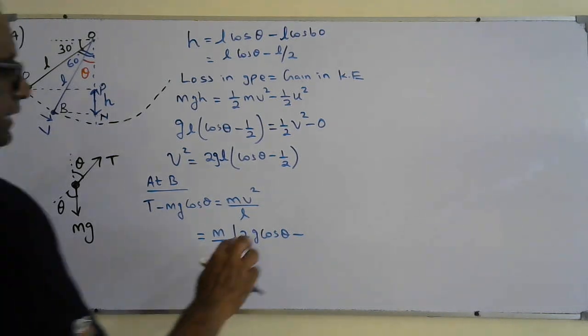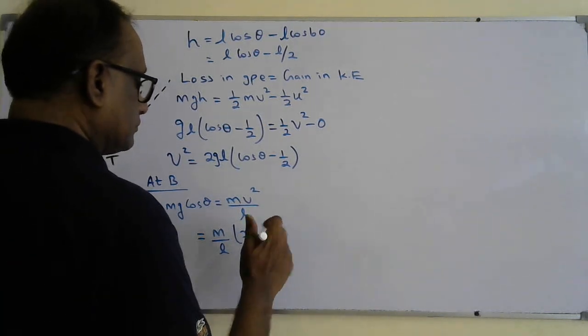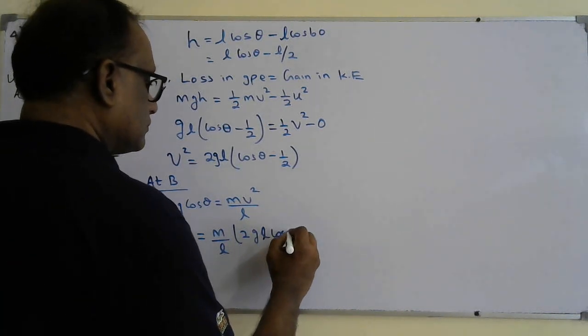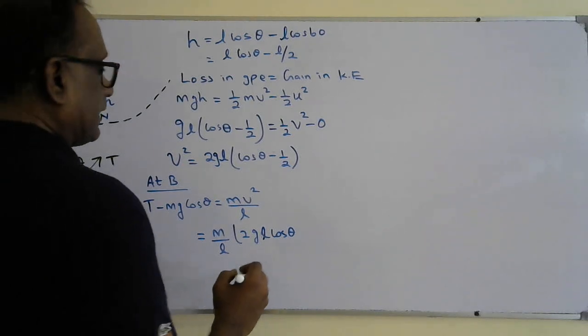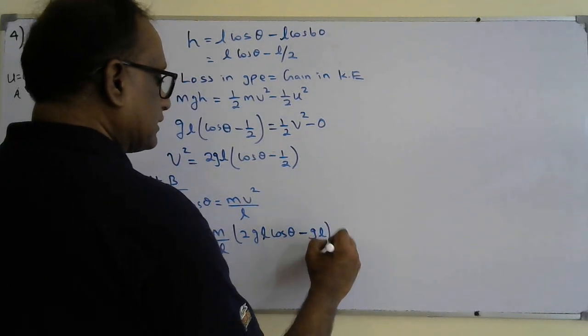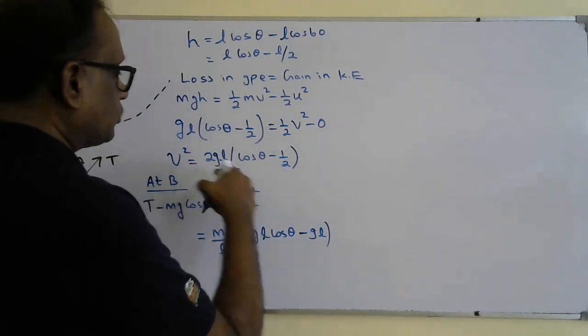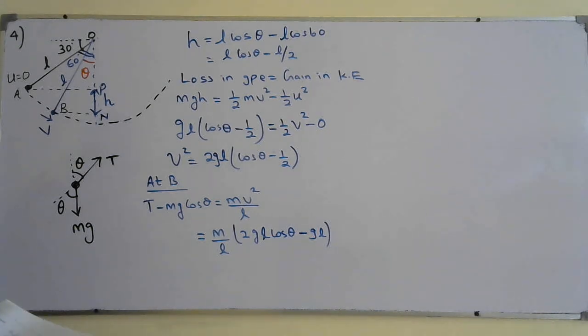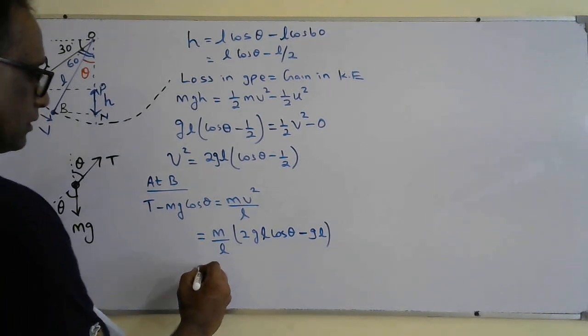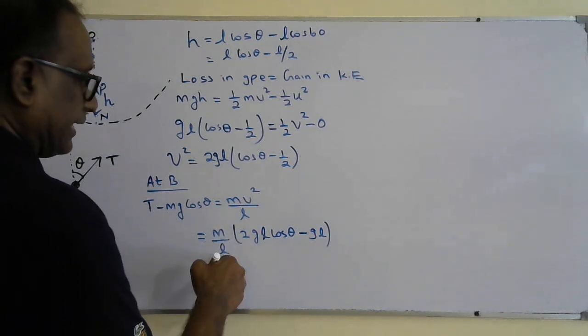Yeah, so 2gl cos theta minus gl, half into 2gl. Okay, so you can solve it further. When you multiply that, L and L get cancelled.